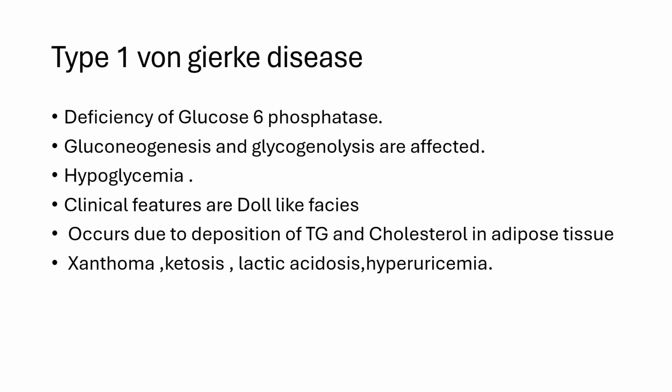Both are the pathways which produce glucose and increase the glucose in the blood, and they are not working. So they are affected, and so we'll get hypoglycemia, because these two pathways are not working properly.